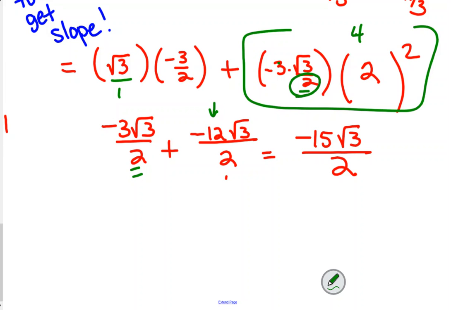So how about I'll leave that 2 denominator? I won't do extra reducing. So 4 times negative 3 times root 3, negative 12 root 3 over 2. If I rewrote this as negative 6 root 3, I then would have had to go back and think about the negative 6 plus the negative 3 over 2 in terms of root 3. Also, I'm adding 2 expressions that have the same rational piece in them. My answer has that same rational piece.